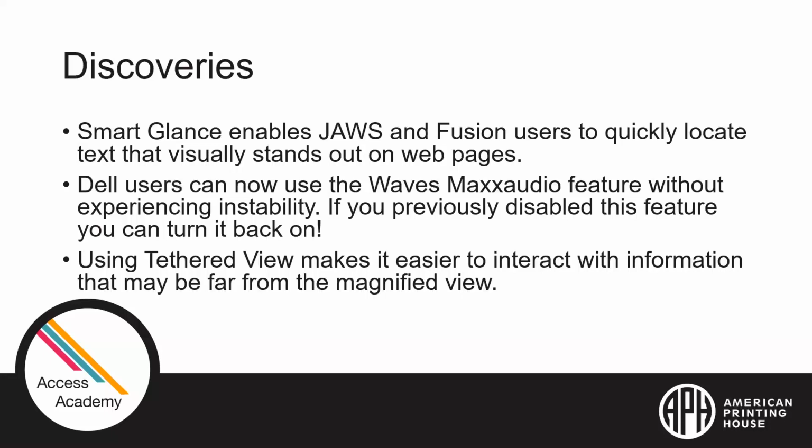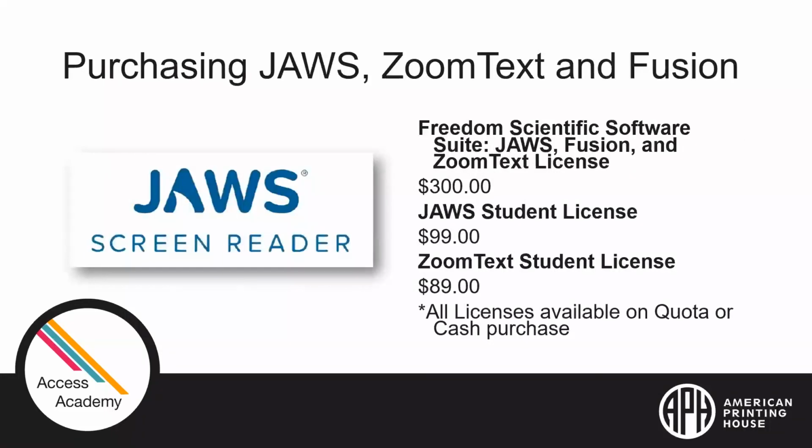So finally, let's talk today about purchasing JAWS, ZoomText and Fusion from APH. Now there's three options here. There's the previously used Freedom Scientific software suite, which gives you JAWS, Fusion, and ZoomText licenses. It's $300 annual for that. You need to contact customer service to get that.